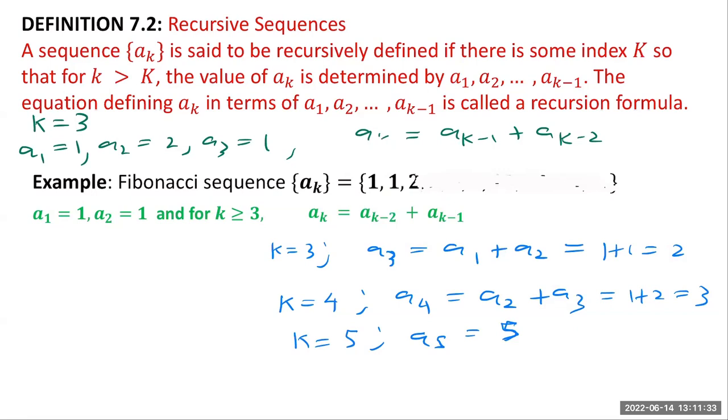If you find the terms, you should get 1, 1, 2, 3, 5, 8, and so on. This is called the Fibonacci sequence. This is a special type of sequence.